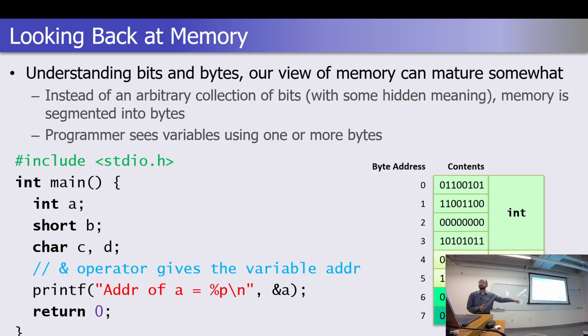Now I want 2 bytes to store this next variable. Now I want 4 more bytes to store this next variable. And it's up to the compiler and the resulting runtime to determine where exactly in memory those are going to go. But ultimately, our memory is just this big, long range of bytes, of which our variables are taking 1 or more of those bytes at any particular time.